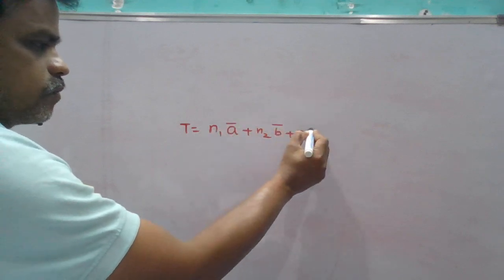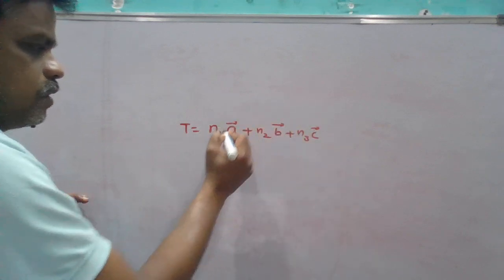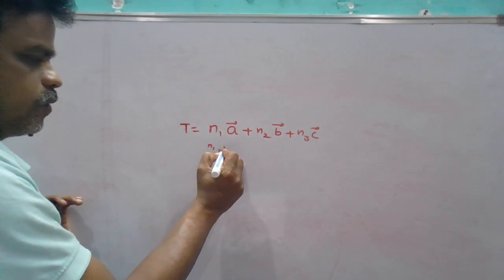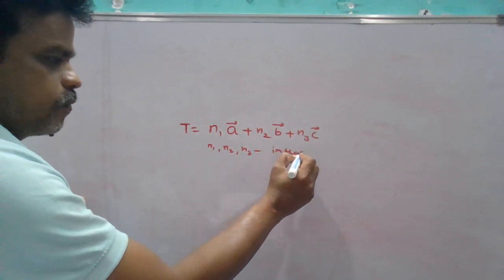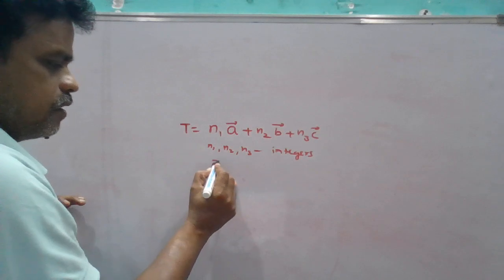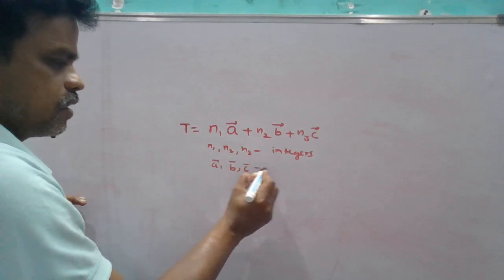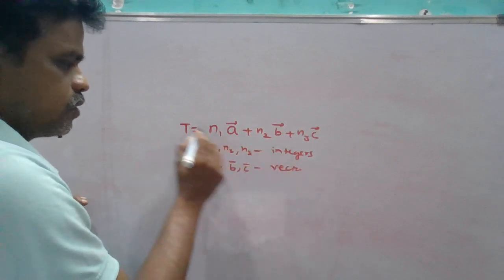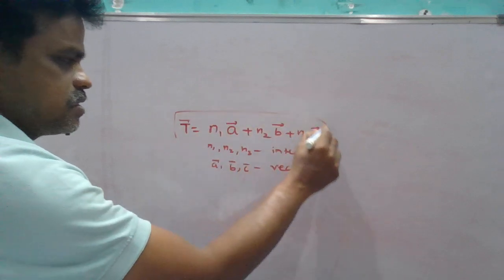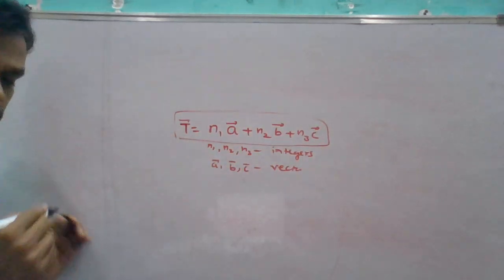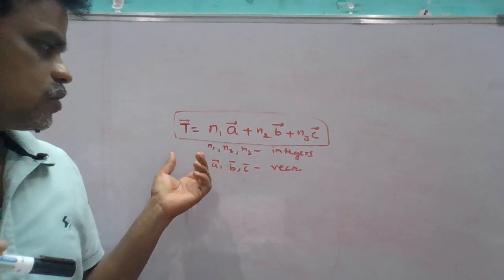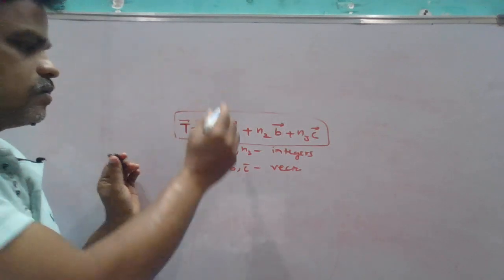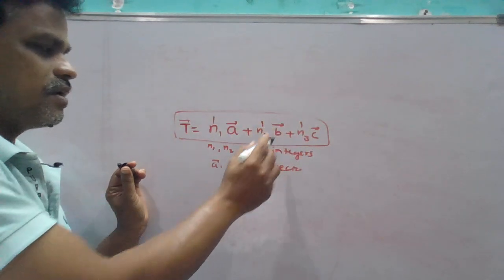These are vectors: n1, n2, n3 are integers, and a, b, c are vectors. T is nothing but the translation vector.